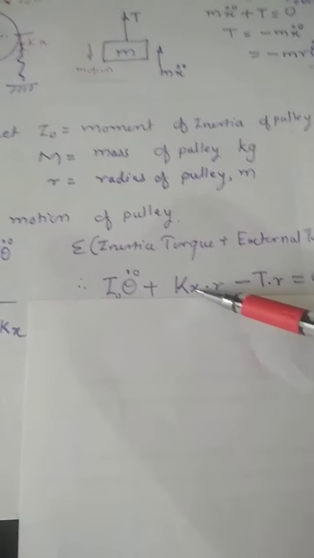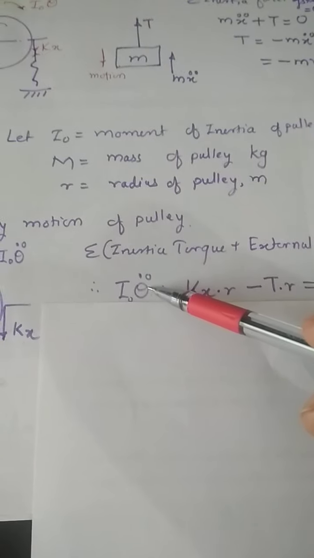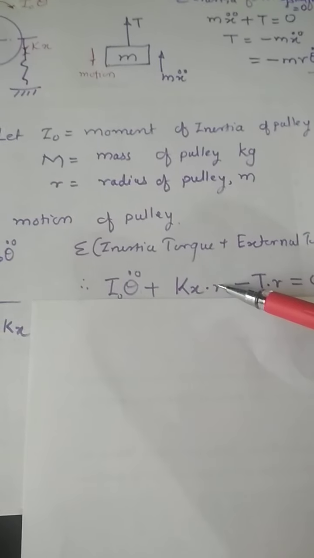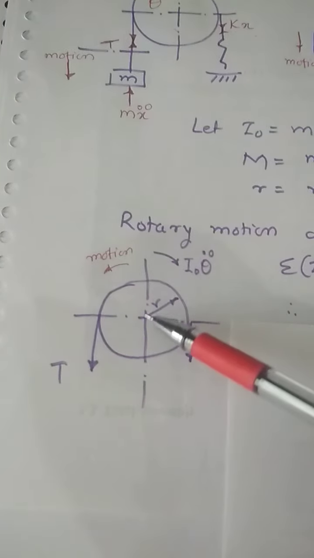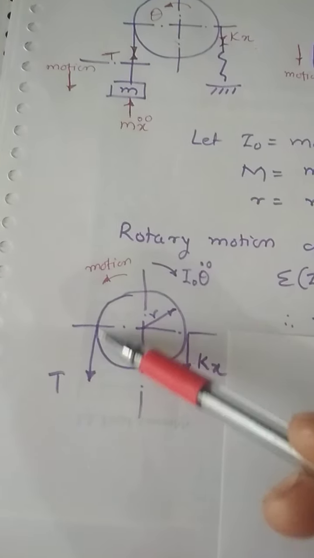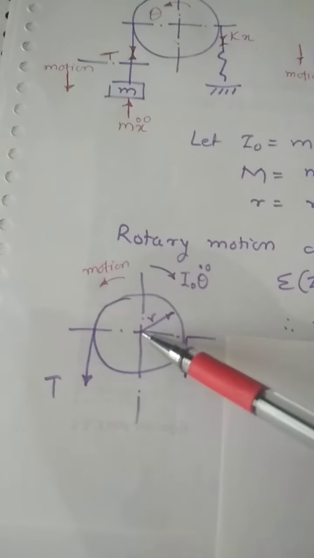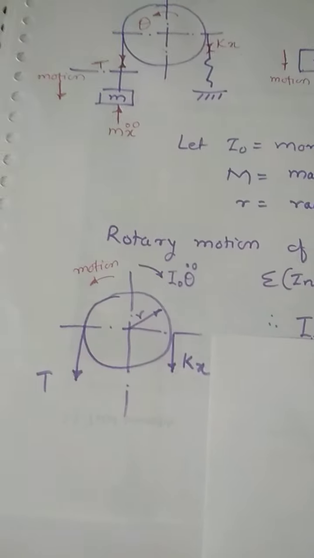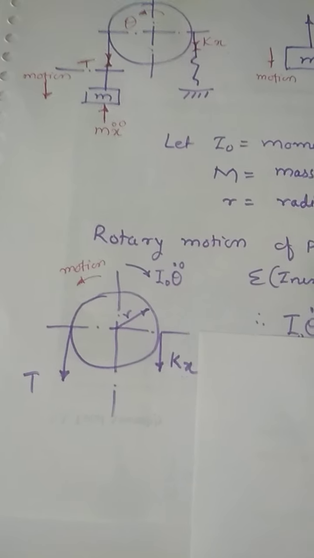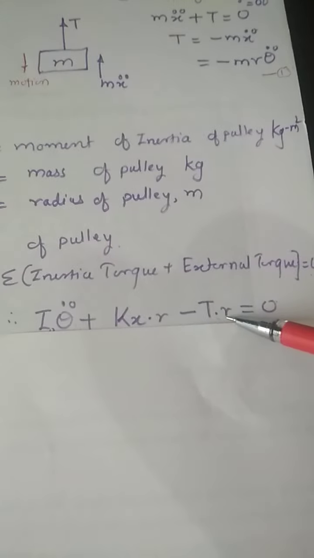So clockwise is positive. I theta double dot plus kx into r minus, here r is the distance, the tension T is acting downward, so correspondingly T into perpendicular distance, and that is anti-clockwise, so I am considering it as a minus.